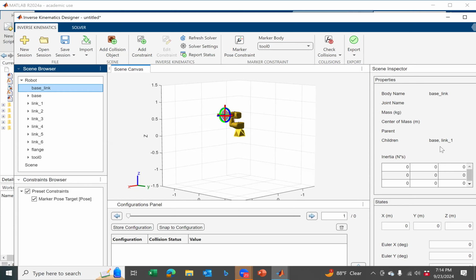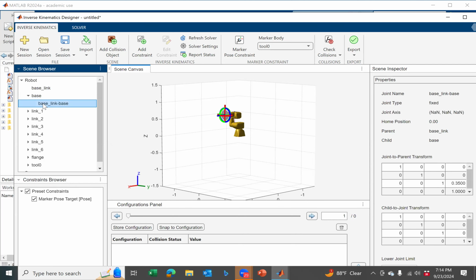Now, next thing is I want to walk you through this. Go to base. Now, as soon as you click link, can you see there is this joint 1? Joint 1 is a revolute joint. You have the parent transformation, child transformation, and that we will discuss later.